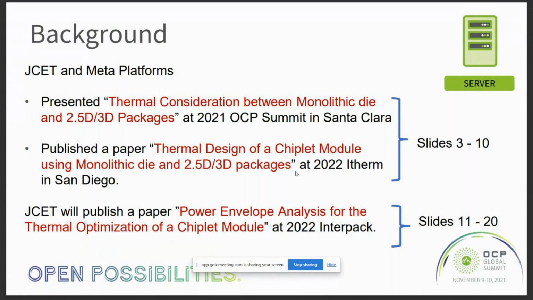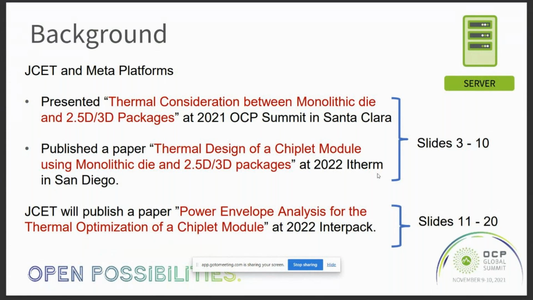The title of the presentation is Thermal Consideration between monolithic die and the 2.5D and 3D packages. And after that presentation, I decided to publish a paper, and the paper was published early this year at ITHERM, and the title is Thermal Design of a Chiplet Module Using Monolithic Die and 2.5D 3D packages.